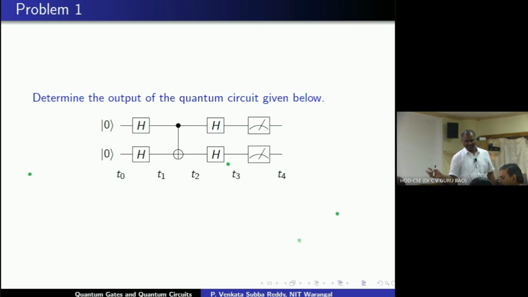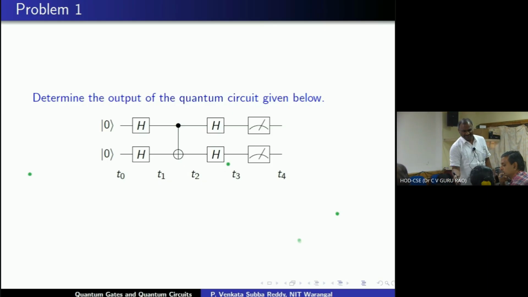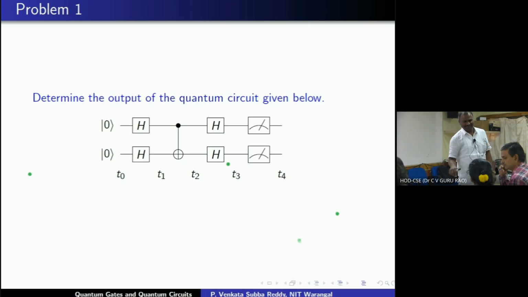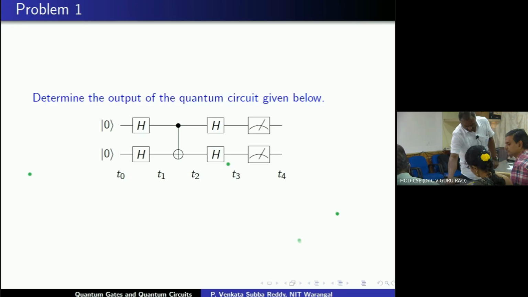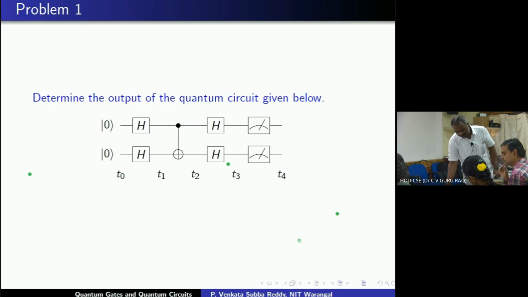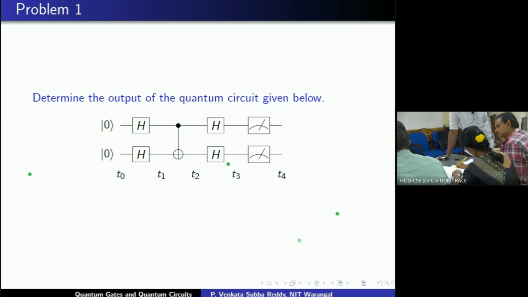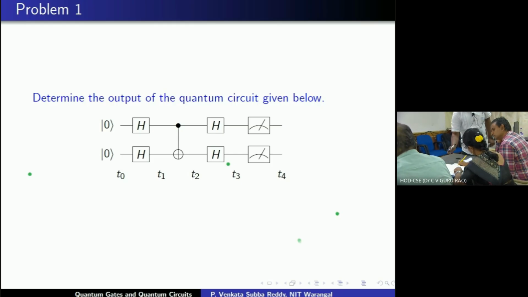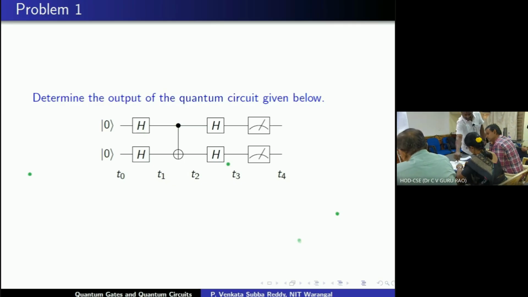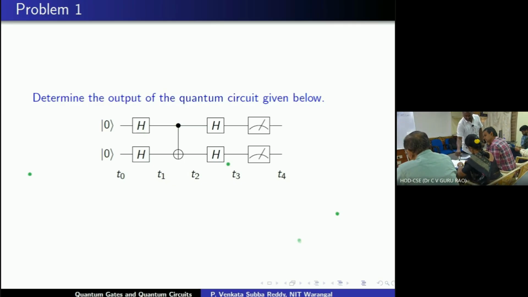Simply, if I explain, you may not be able to understand why this fellow is doing it this way. Now you write 1/√2 |0> plus 1/√2 |1>, and put parenthesis. This is the first part. Here, what is the part? Again the same thing, which we write as a tensor product.